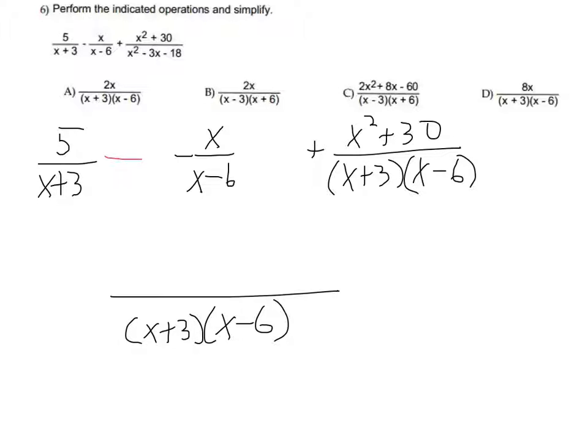The first one needs an x minus 6, so I multiply by a special form of 1. I know it's 1 because the top and the bottom are equal, but it gives me, you can see, the denominator in common. Done. The second one I need to multiply by an x plus 3.